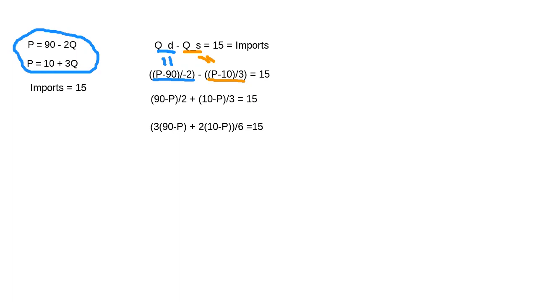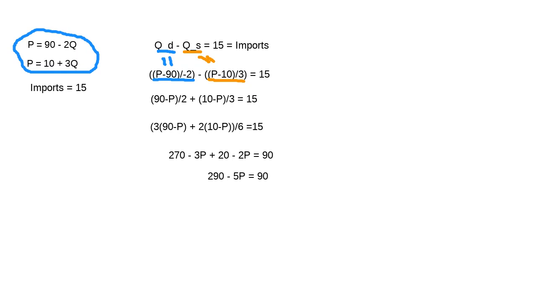So this is going to give us this expression, 270 minus 3p, that's multiplying the 3 through, plus 20 minus 2p, and then 6 times 15, which is equal to 90. From there, we'll do some consolidating. So we'll have 270 plus 20, which is 290, minus 5p, from minus 3p minus 2p, and this is going to equal 90.